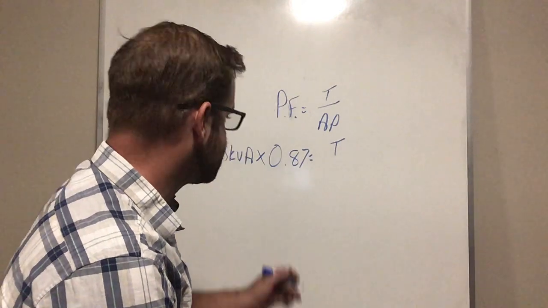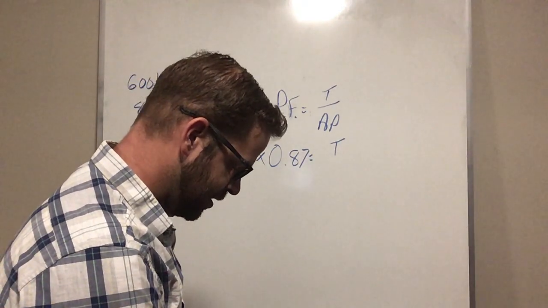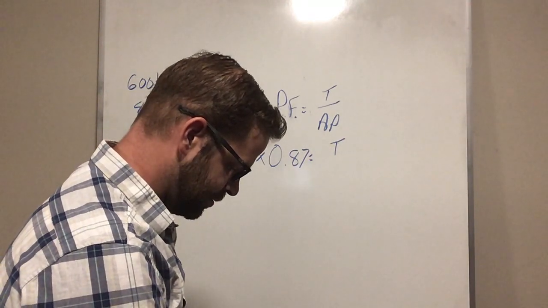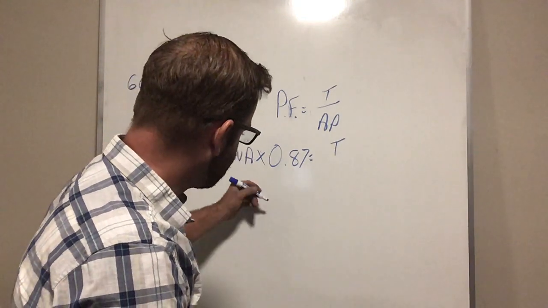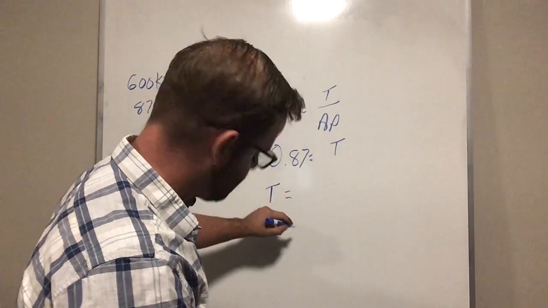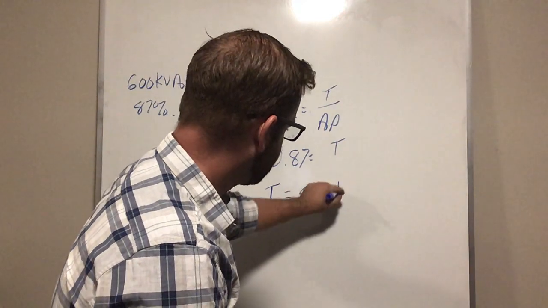So in this case, it's 87% of 600 kVA. So 600 times 0.87 gives us a total true power of 522 kilowatts.